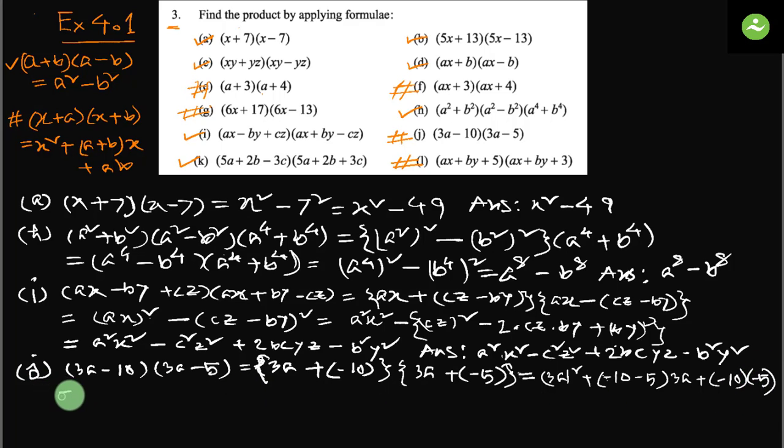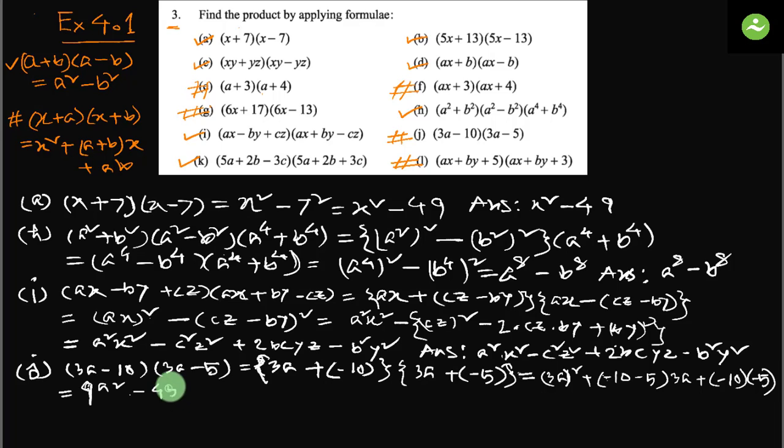equals to 3a whole square means 9a square, 9a square plus minus 10 and minus 5 is minus 15. 3 into minus 15 is minus 45.